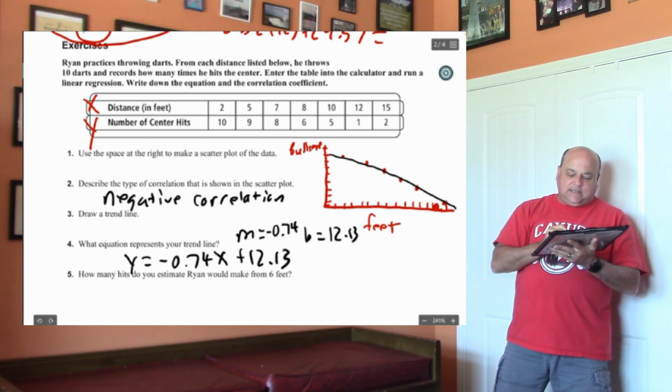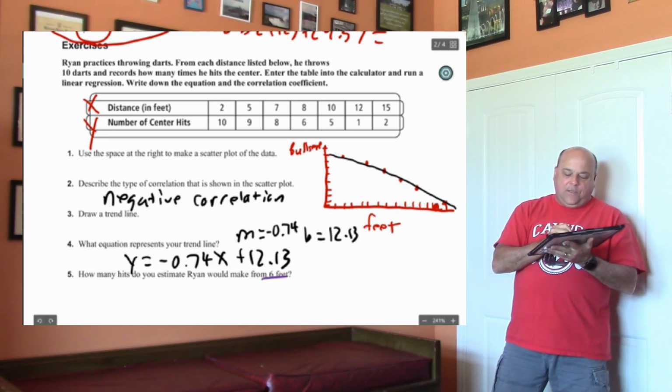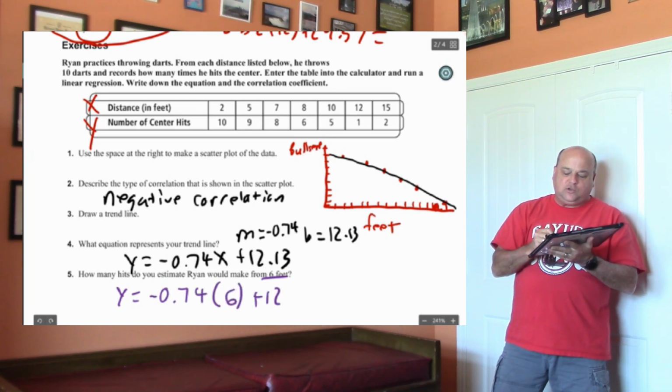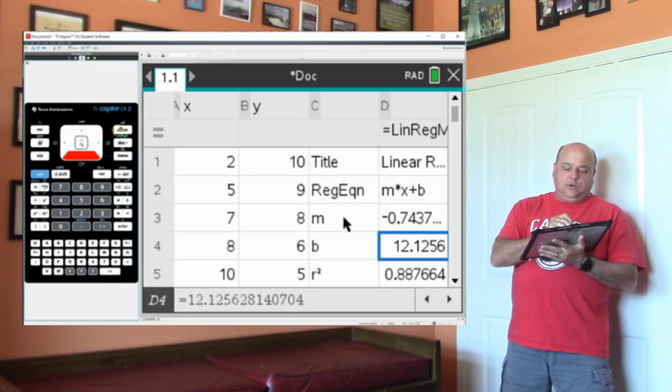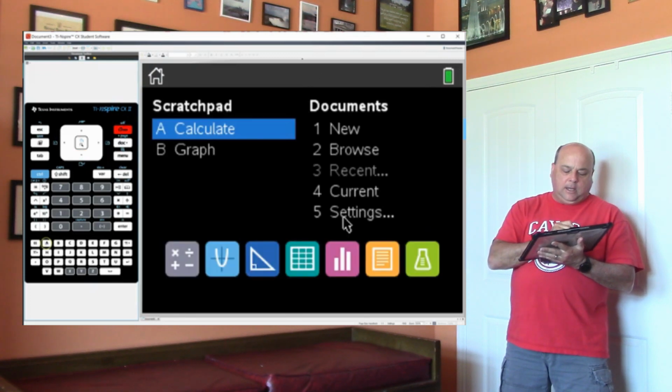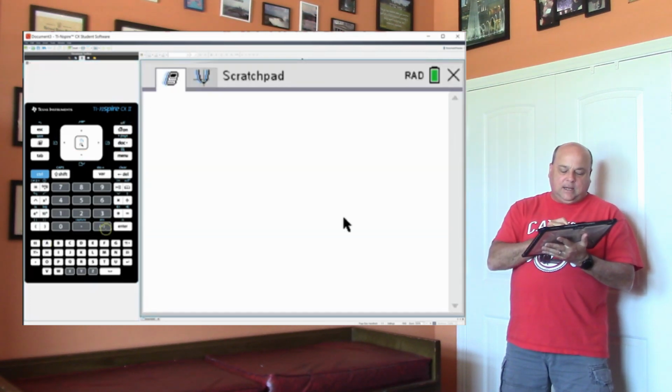Now then, using this equation, I can calculate an estimate. So I want to estimate for 6 feet. So Y equals negative 0.74 parentheses 6 plus 12.13. Okay, so I'm going to go to the calculator. I'm going to go to Home. I'm going to calculate. And now I'm going to type that in.